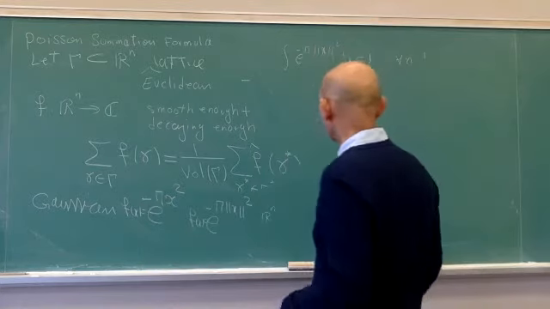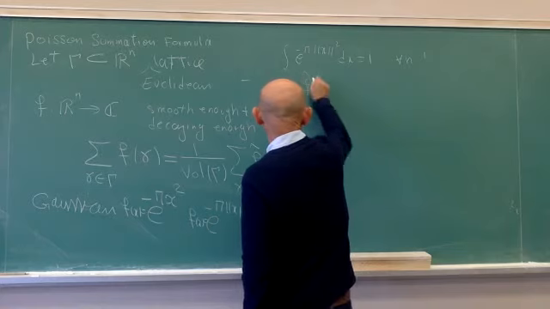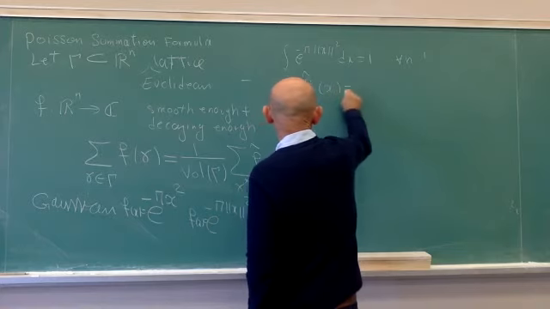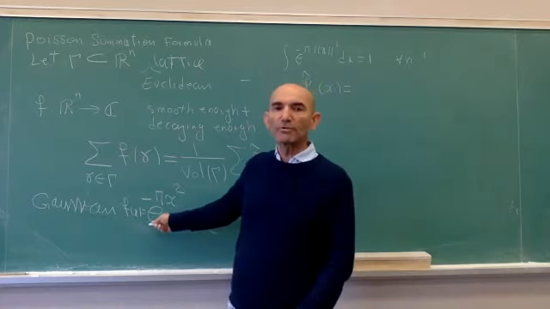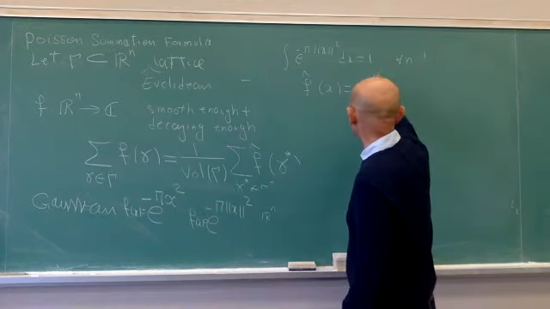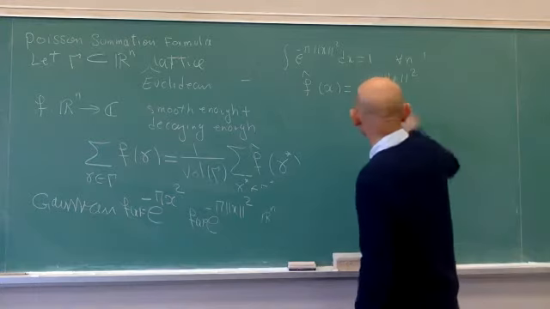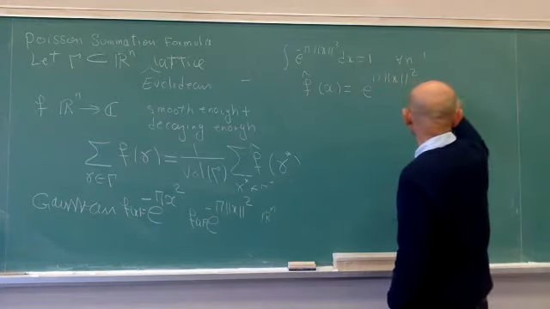It is incredible. And second of all, its Fourier transform is exactly equal to the function itself. It is equal to exponential of minus pi norm of x squared, equal to f of x.